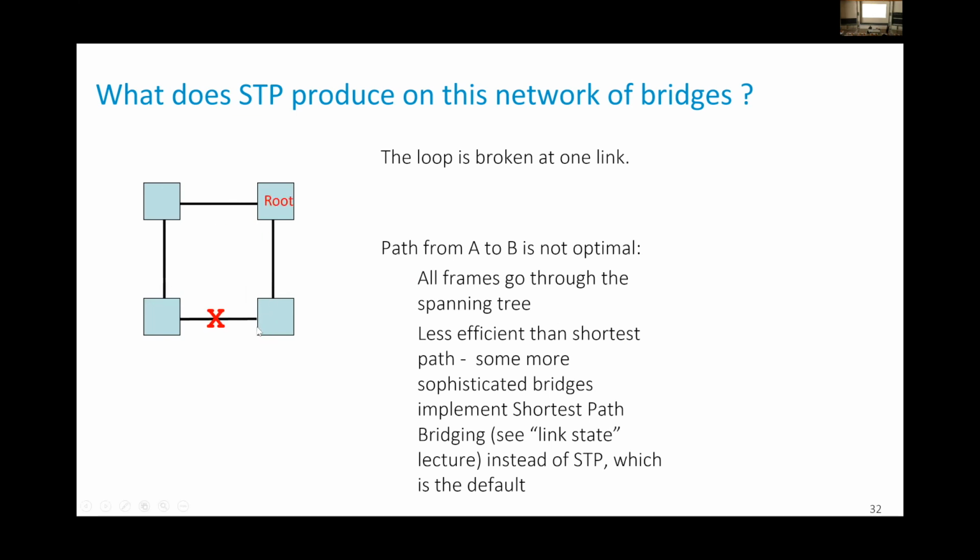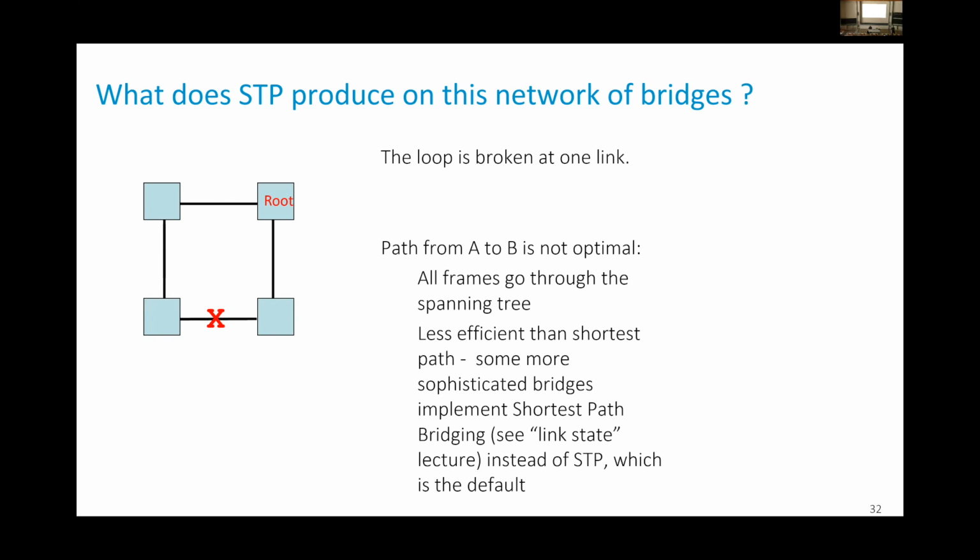Well, the truth is we don't know, but some node will be picked as root, and then one of the links will be broken. For example, here, this link. Now it depends if there are equal costs here. For example, this link might have been broken. There is a tie here, and the spanning tree protocol has a way to resolve ties.